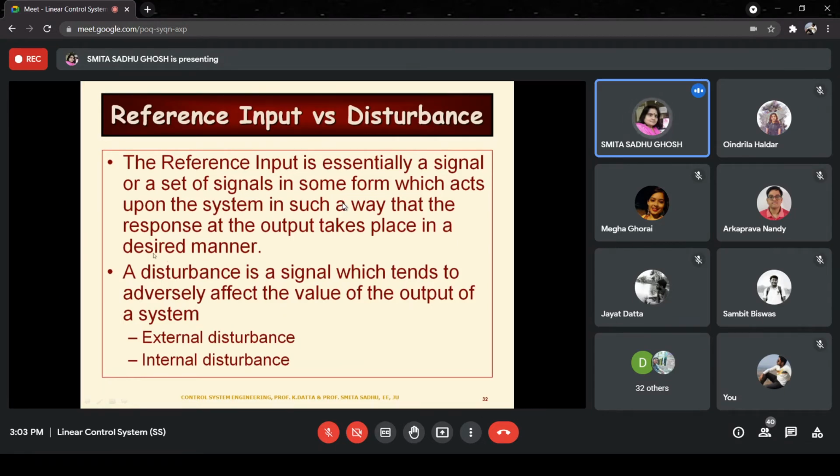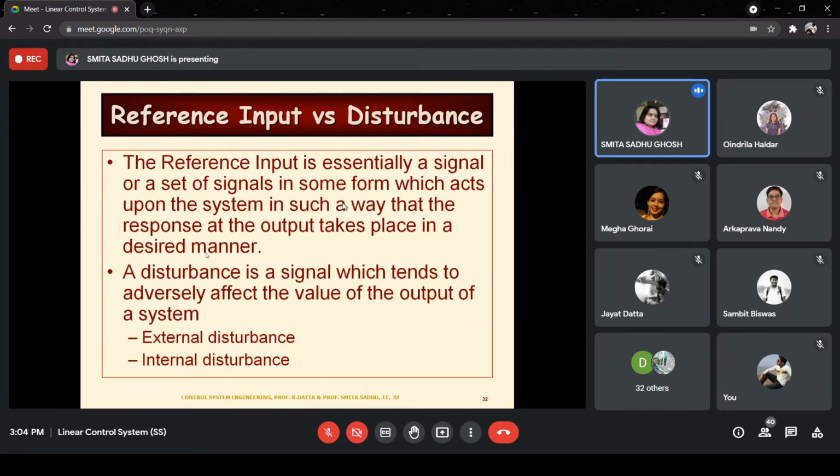These last two words are very, very important. The reference input is essentially applied such that the output changes in a desired manner, because ultimately we want our system to be performing according to our requirements such that we are able to do something with that output.